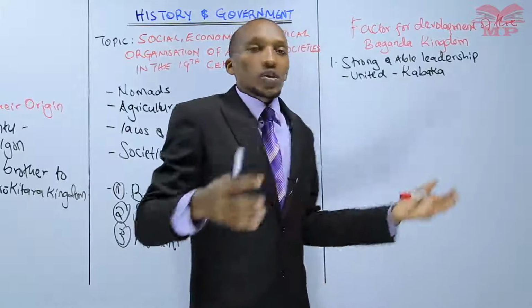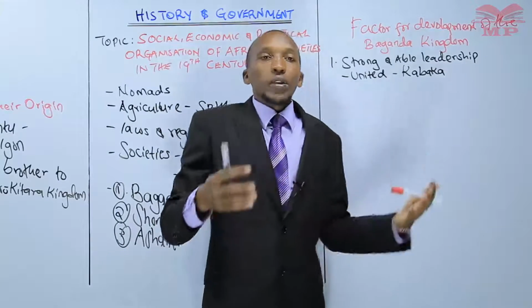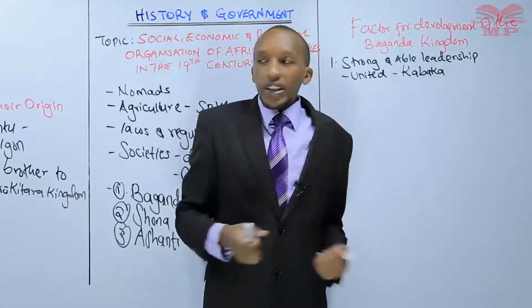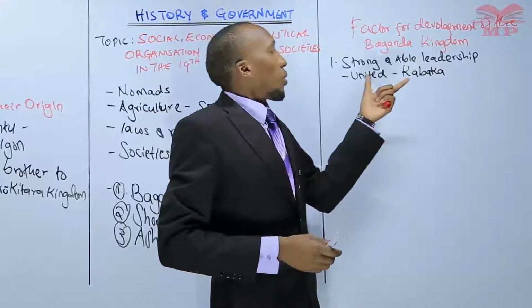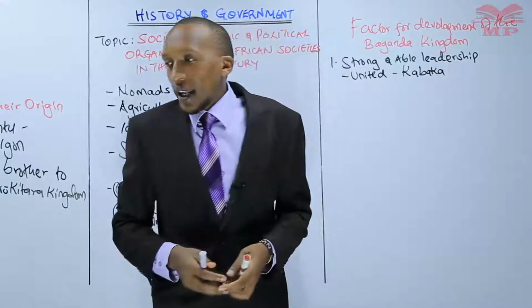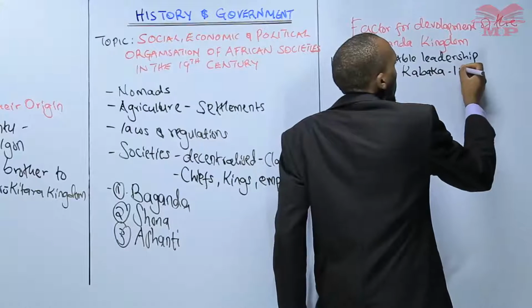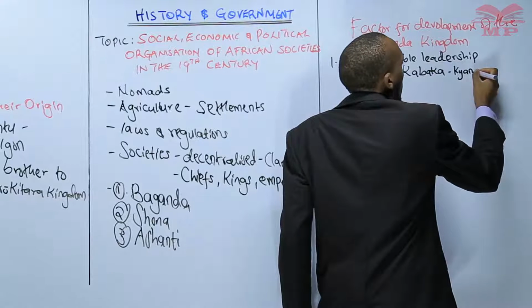And then there arose different leaders. We had people like Kabaka Mutesa I, who was very essential in making sure that the people were led. We had another one known as Kiabagu, among the founder Kabakas.